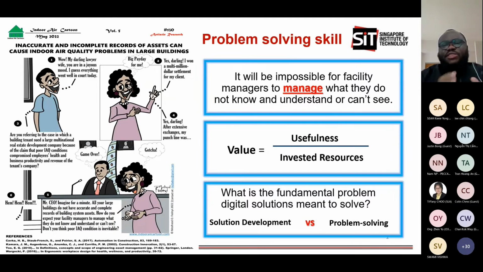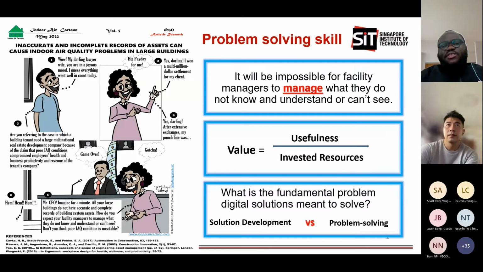That takes me to this point. It is impossible for facility managers to manage what they cannot see. A doctor cannot operate on you very well, or maintain your body to perform well, if they do not understand the components of the body. So as facility managers, or people in charge of ensuring the performance of our buildings, it is very important for us to have good information about our assets.